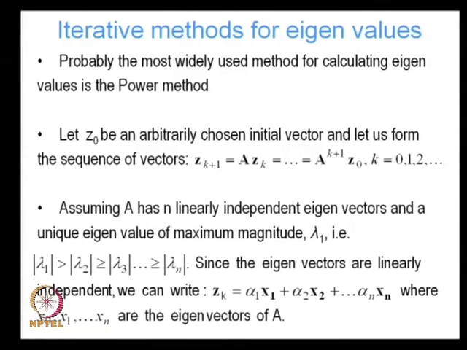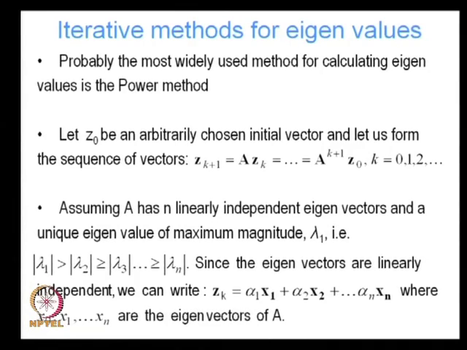Probably the most widely used method for calculating eigenvalues is what is known as the power method. This is an iterative method where we start with an arbitrary assumption for the eigenvector, and we repeatedly iterate using our coefficient matrix to improve the guess of the eigenvector, and it can be shown that after repeated iteration the initially chosen vector actually converges to the eigenvector.